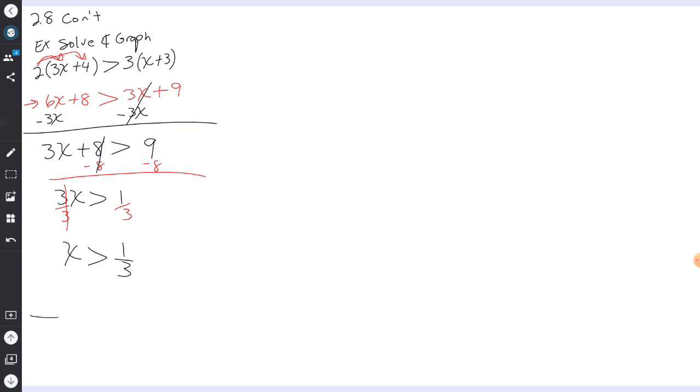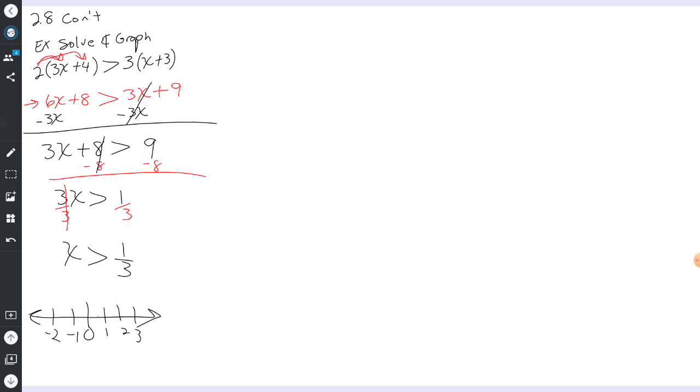All right. And then as far as graphing this is concerned, we have x is greater than 1/3. Where is that going to go on this graph? Okay, so it's to the right, in between what? Right.